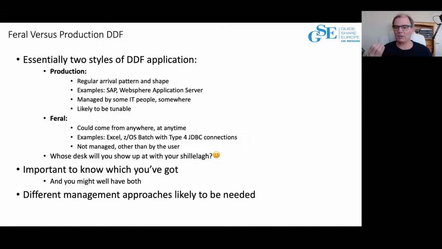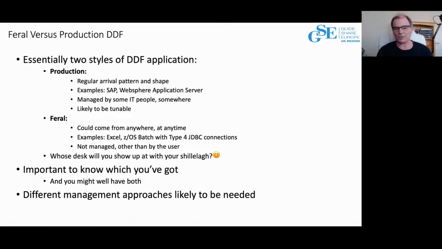It's possibly been through a reasonable level of problem and change, as opposed to feral, which is stuff that could come from anywhere at any time, not necessarily managed at all, other than perhaps by the user. So an example of production would be something like SAP, which we will talk about later on. And WebSphere Application Server applications typically would be in the production category.